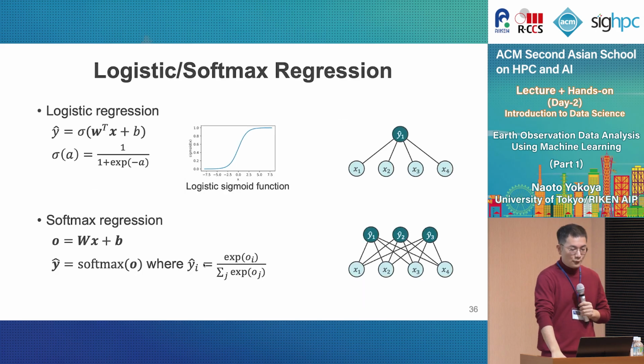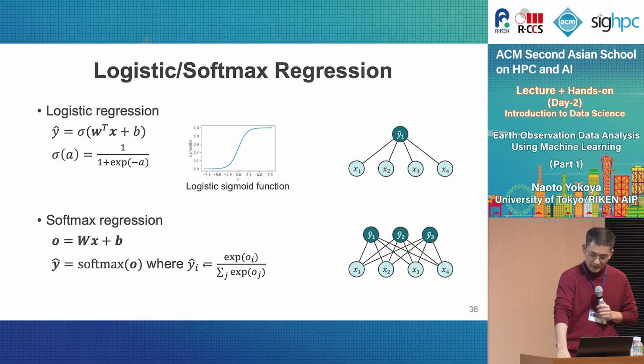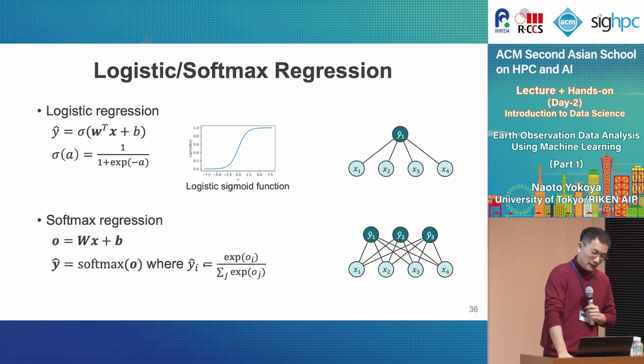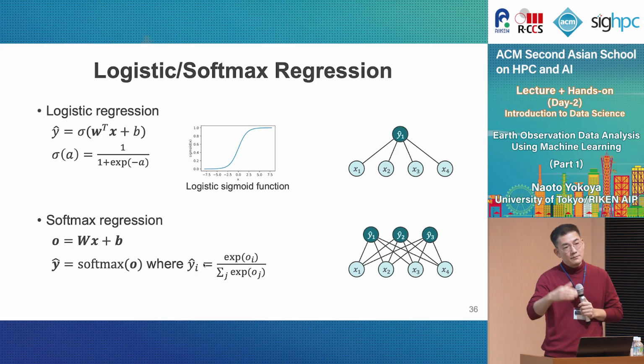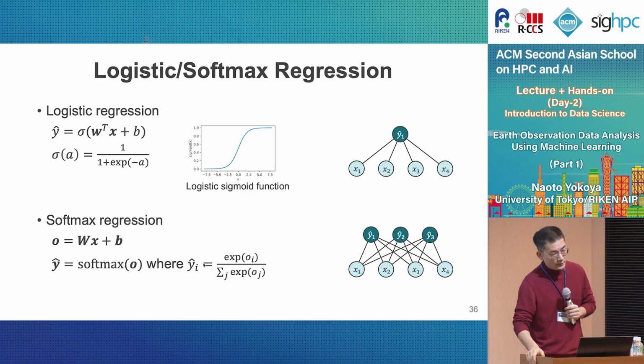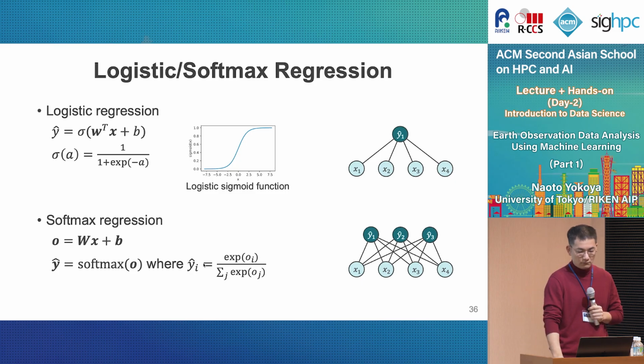Okay, now we have set up the goal, the objective. And what kind of model do we use to approximate this mapping? There are so many options, and a simple one for classification is called logistic regression. This is used for binary classification.